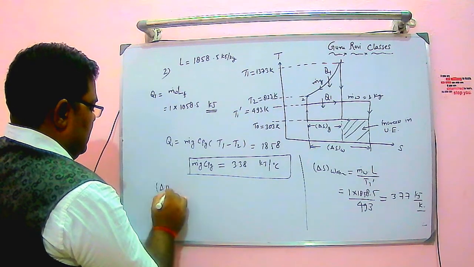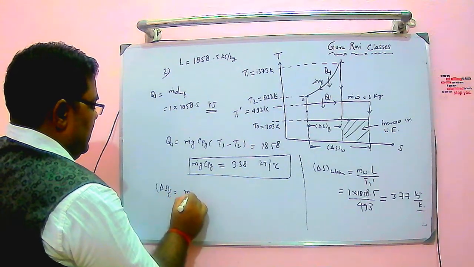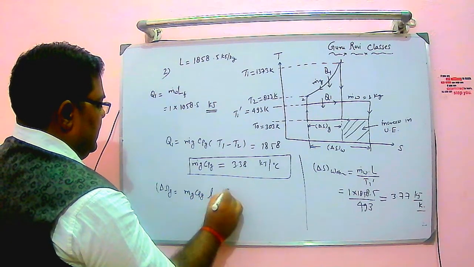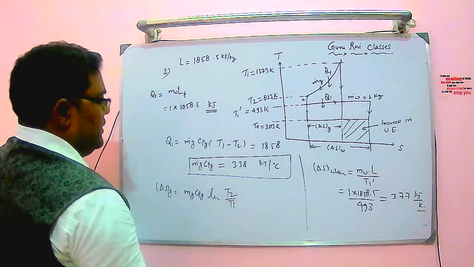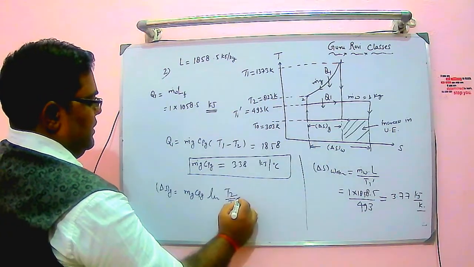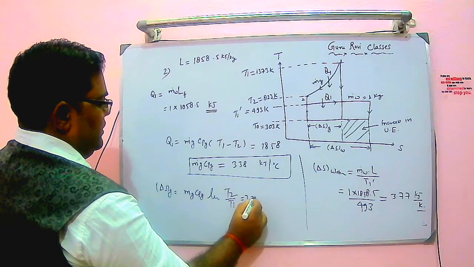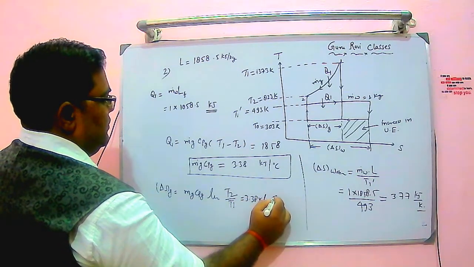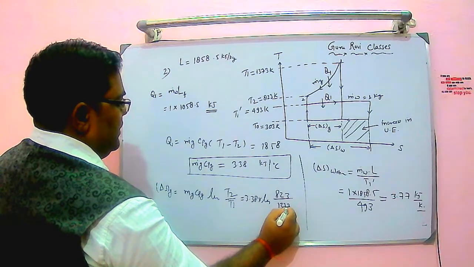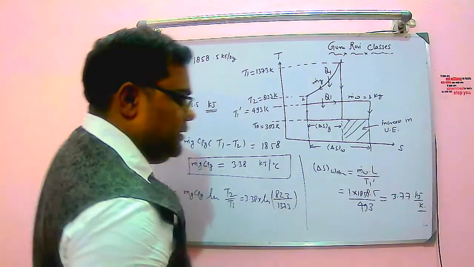Now the change in entropy of gas. Delta S of gas is nothing but mgCpg ln of T2 divided by T1. mgCpg is already here, so you can put 3.38 ln of 823 divided by 1373. Just calculate this.